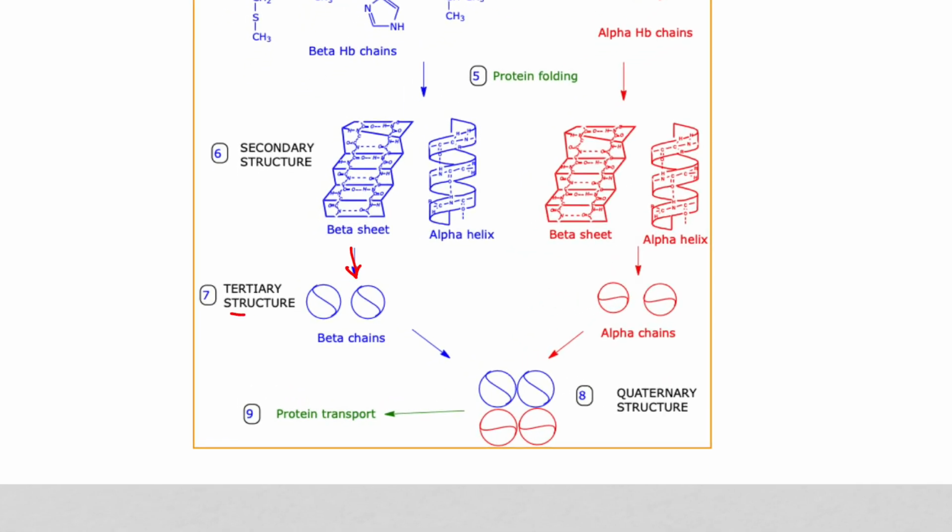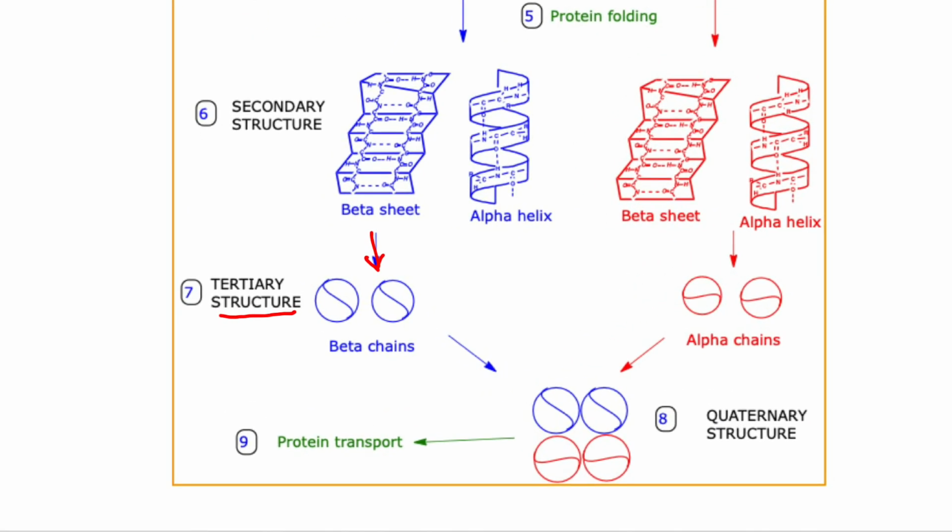into more complex structures. This now forms what we call tertiary structures. So tertiary structure, in this case, we have not only hydrogen bonding, we have also other kinds of forces, the hydrophobic force that will force all the non-polar groups to go inside the protein and the polar groups on the surface.